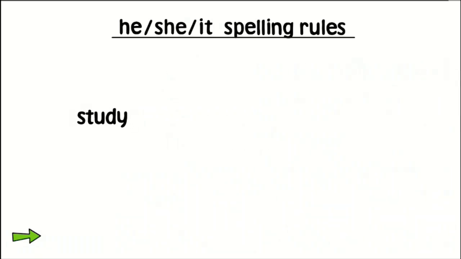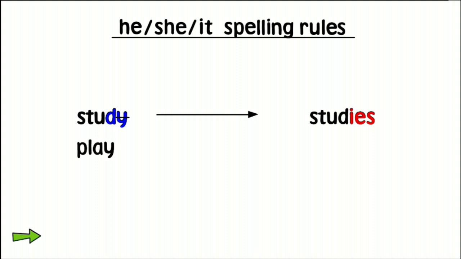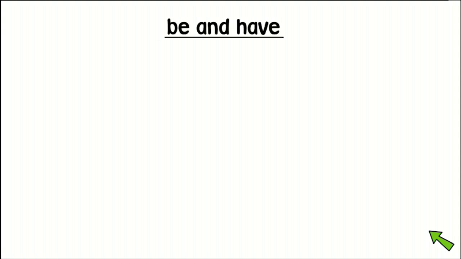We change verbs ending in Y to IES after a consonant. We don't change Y to IES after a vowel. Be and have are irregular verbs.